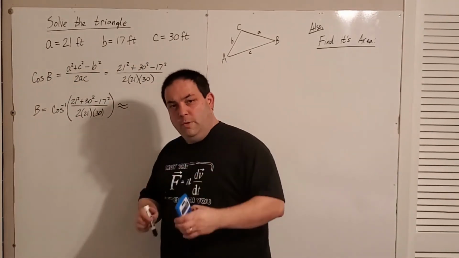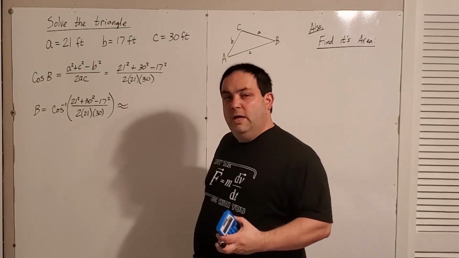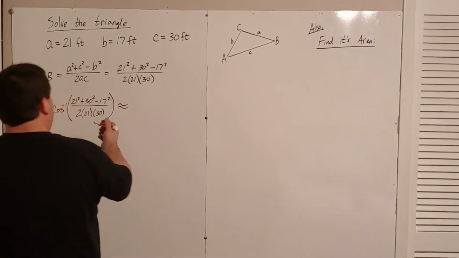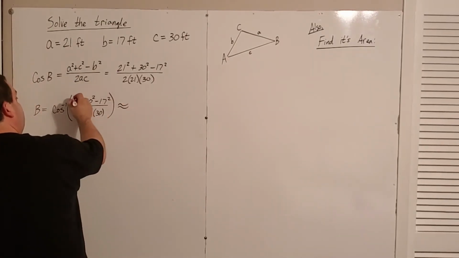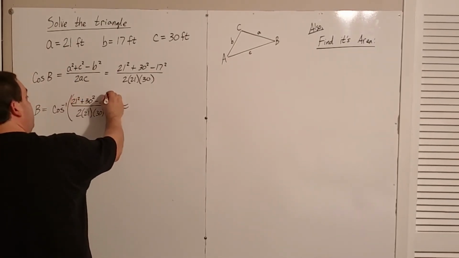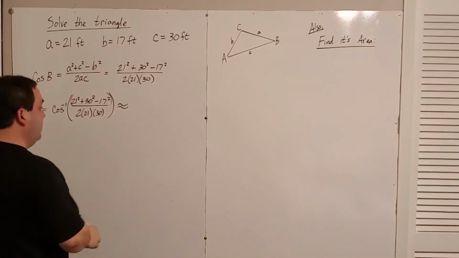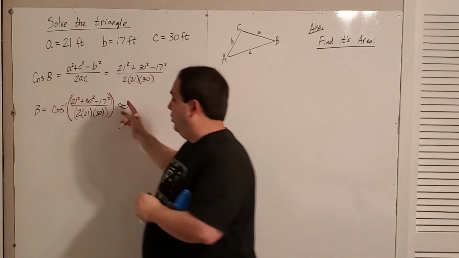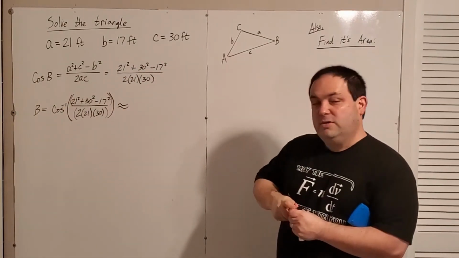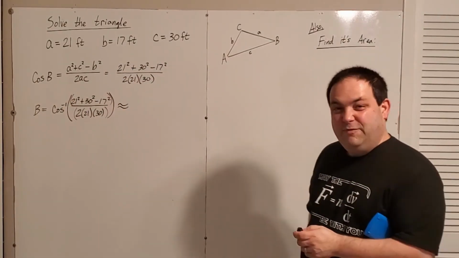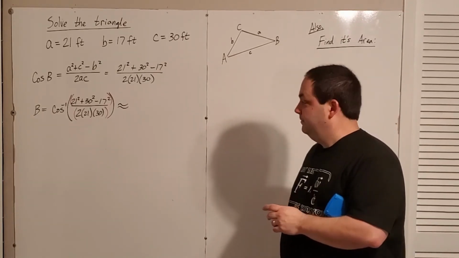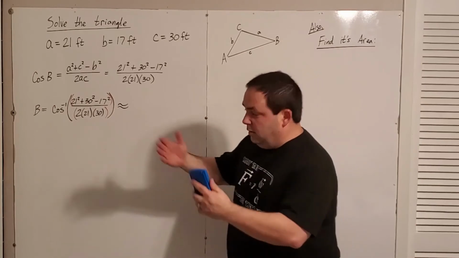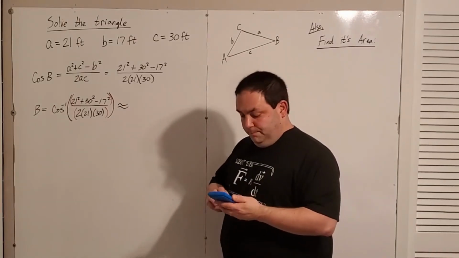Now be sure when you're punching this in the calculator that you're putting those extra parentheses in there. What do I mean? The calculator, if you're going to do this all at once, needs to know that all of this is the numerator because of the additions and subtractions, and it needs to know that all of this is the denominator. So you need those extra parentheses in there to emphasize the grouping.